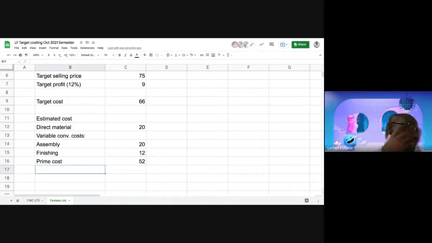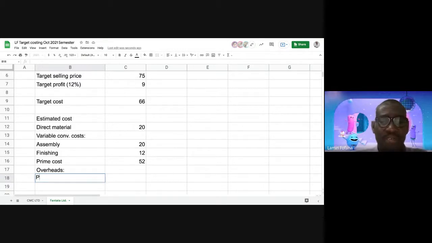So what next? We are given overheads. What are our overheads? We have two: our product specific fixed cost, and our company fixed cost.